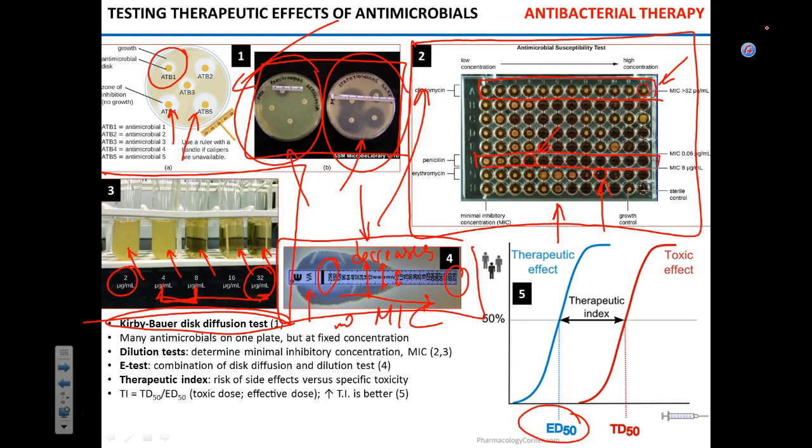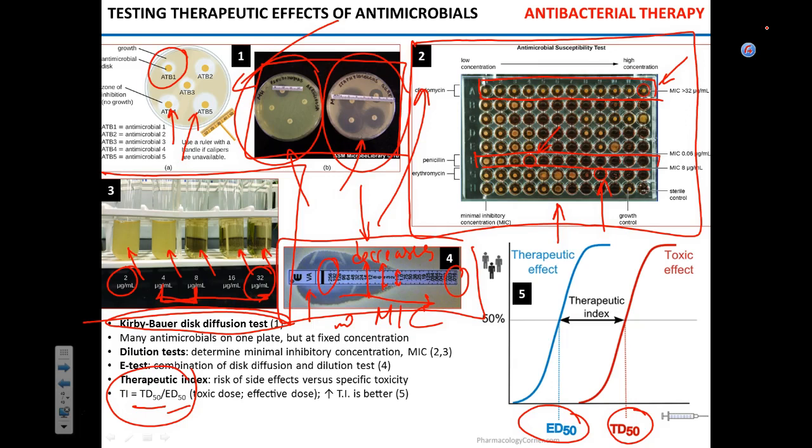Now, median toxic dose is the dose that causes toxicity in 50% of patients. All right? So therapeutic index here is the ratio between the median toxic dose and median effective dose.